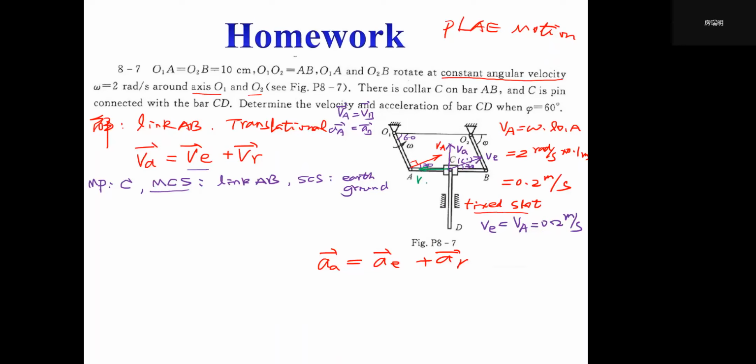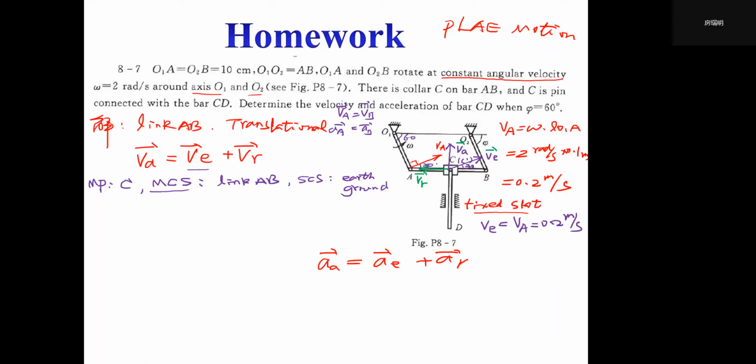So here is our VR. You know why we should select this direction? Because this is a vector equation. I think I have told you, we always should make sure that VA is at the position of the diagonal line of this parallelogram, because for the three vectors VE, VR, and VA, VE plus VR will use this parallelogram.